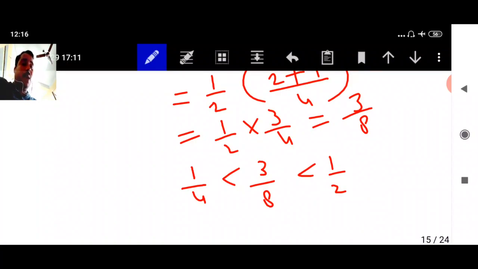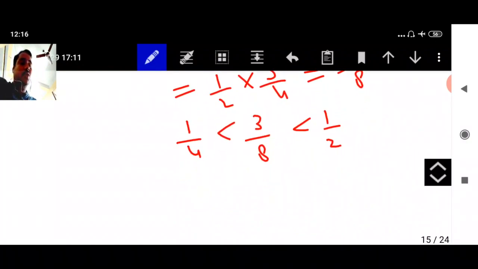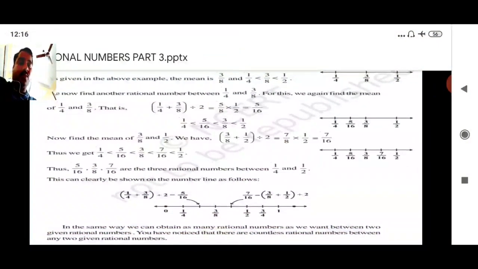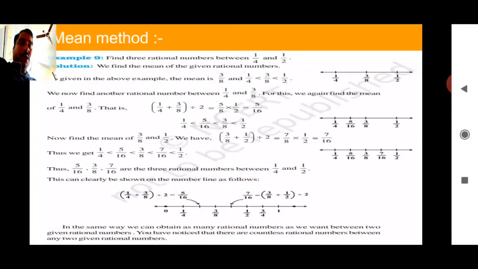Next, to find a rational number, we can find the mean of 1 by 2 and 3 by 8, and we can find so many rational numbers between two rational numbers. So here in the example, the mean of 1 by 4 and 1 by 2 is 3 by 8. Here on the number line we represent 1 by 4, 1 by 2, and in the middle 3 by 8.